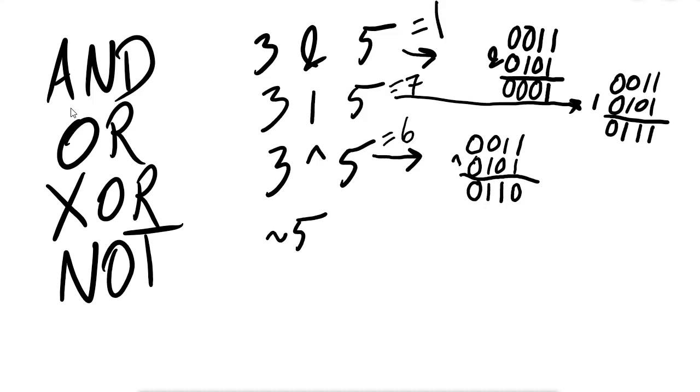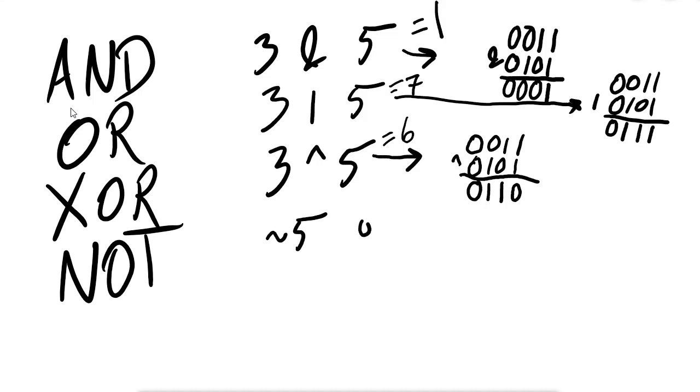Okay, let's look at not. This is the tilde 5. What we're going to do is reverse all the bits. So when we talk about this not, we need to actually look at how these bits are expressed. So now we have to write all the bits out because they're all going to change, all of them, right? So let's say this 5 is a 32-bit int, which it often is.